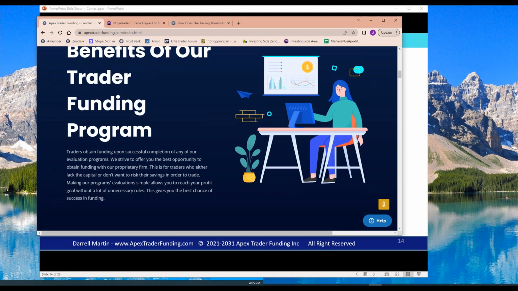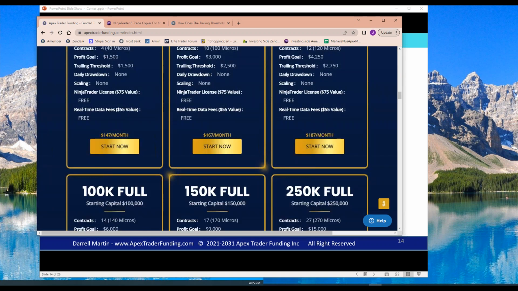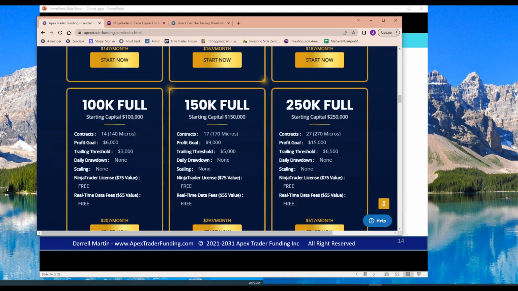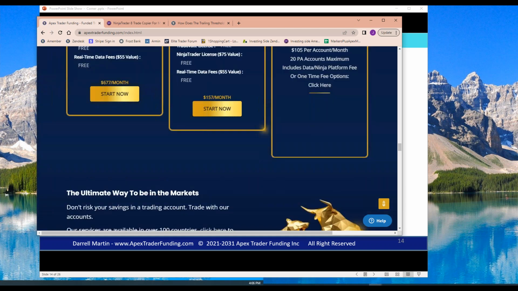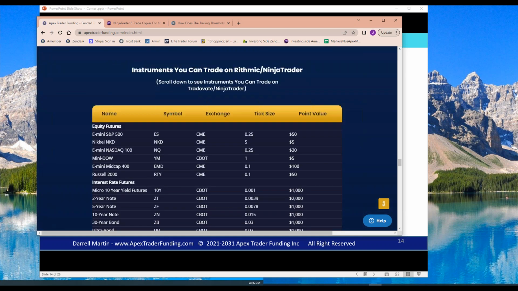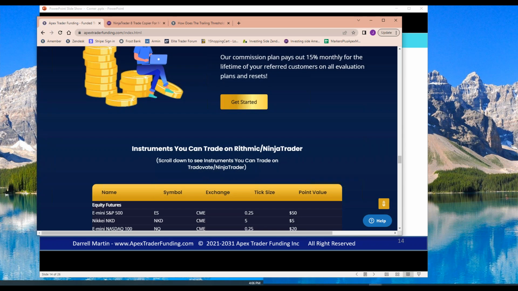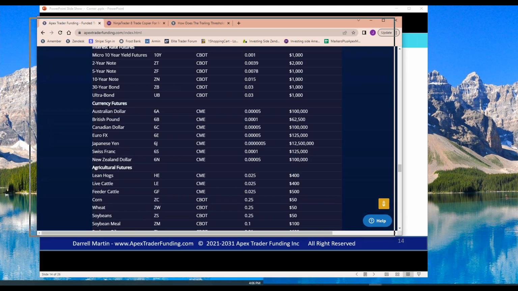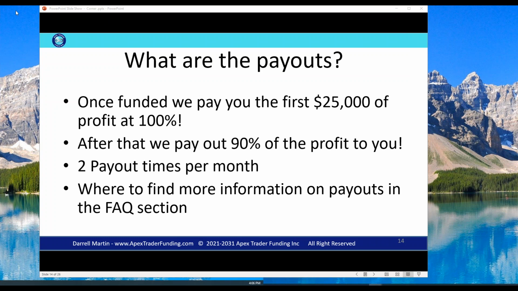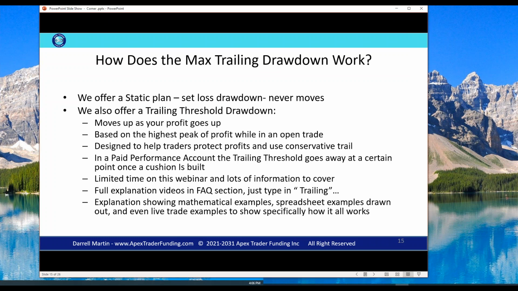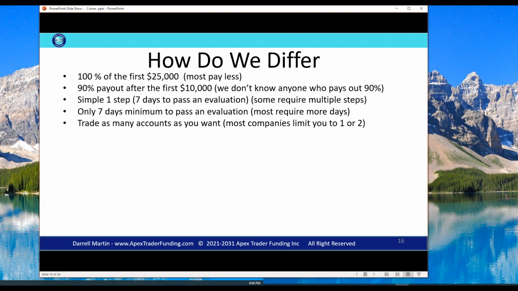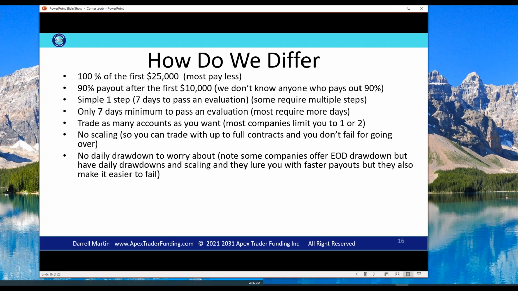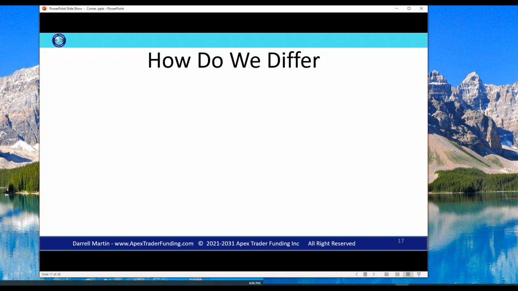Again, guys, go through here, check this out, look over the different size evaluation accounts, compare the drawdown to your strategy to find out how much room you need to give yourself. But everything is all on here. Everything you could possibly need to know. Like I said, we've got limited time here. I showed you right there where to find information about the drawdown. Talked a lot about how we're different. We have some of the highest payouts in the industry, the easiest rules in the industry.